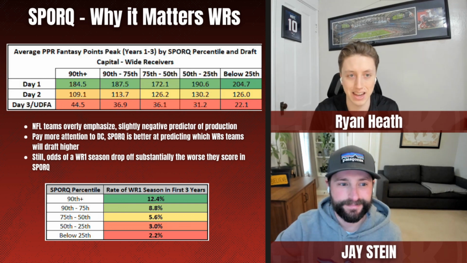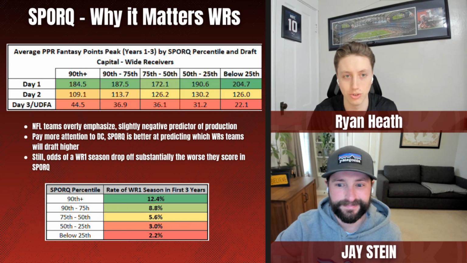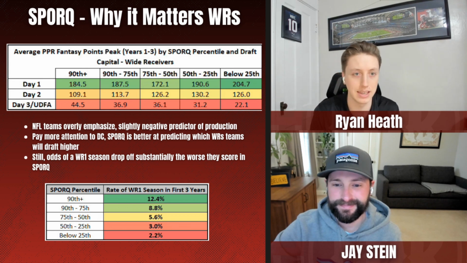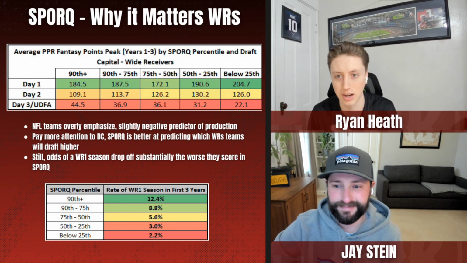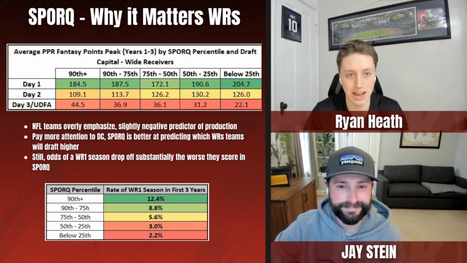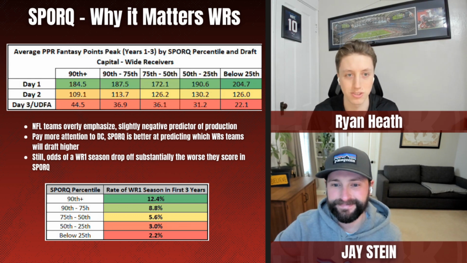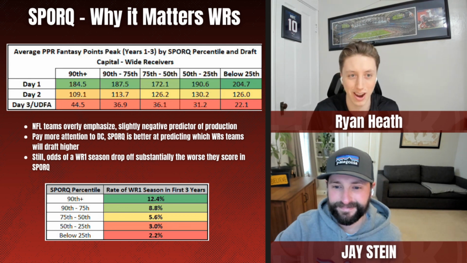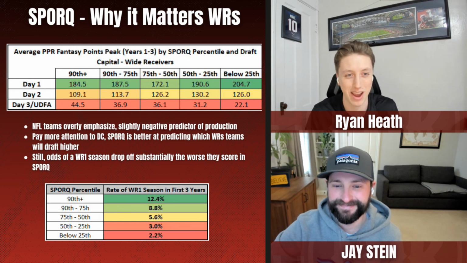I think the NFL for a long time has had an issue with de-emphasizing the route running, the separation abilities, the contested catch abilities, the football IQ stuff at the wide receiver position, in favor of just the raw athleticism. And as I mentioned, a lot of those really fast raw athletes have horrible track records compared to their draft capital.